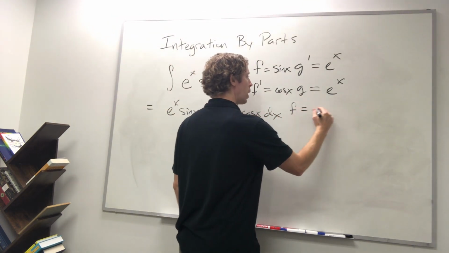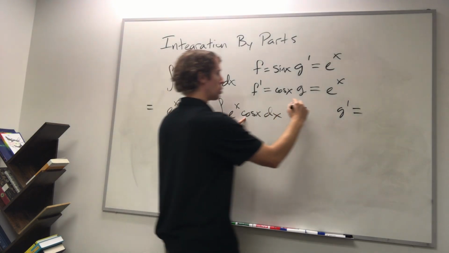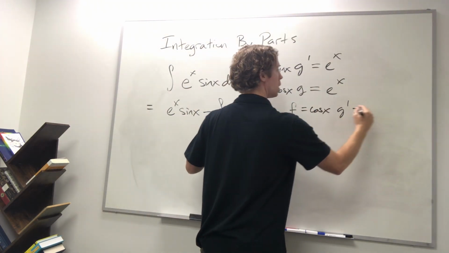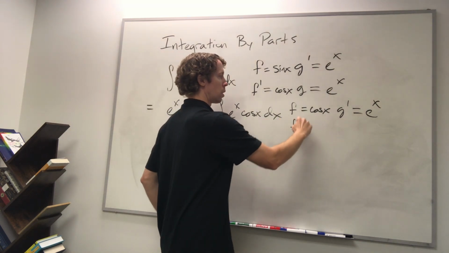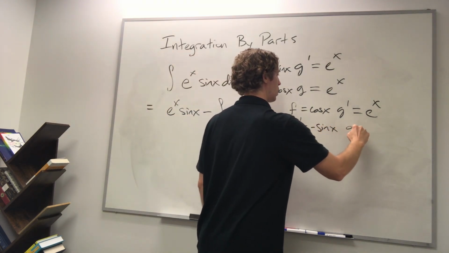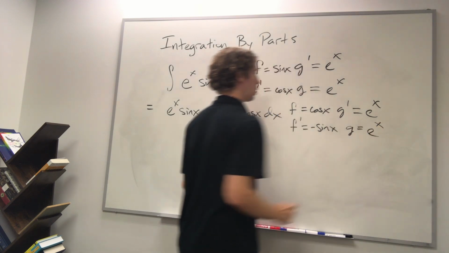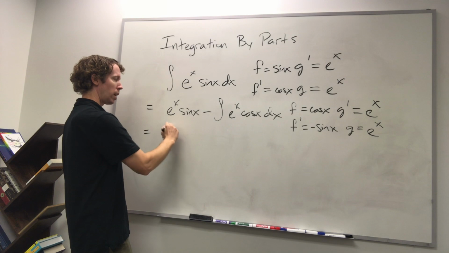I'm going to choose a new f and a new g prime. So I'll do f equals cosine, g prime equals e to the x. Calculate f prime and g. And update this. E to the x sine x doesn't change.